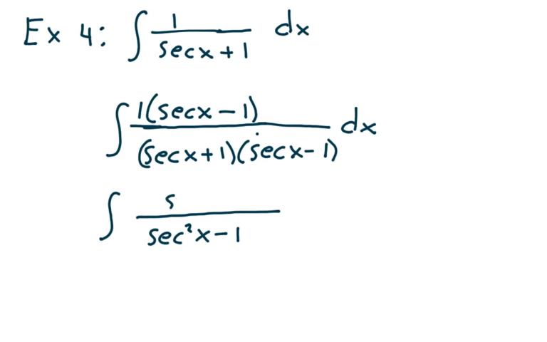The numerator is secant x minus 1. And we're integrating with respect to x. But remember that secant squared x minus 1 is tangent squared x. So over here, I'm going to have secant x minus 1 over tangent squared x dx.